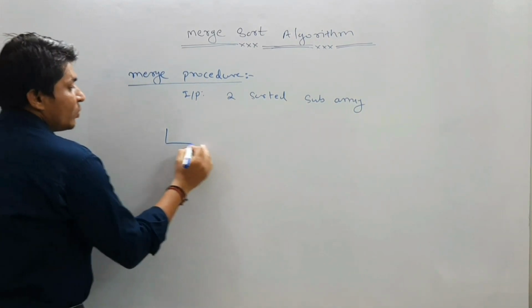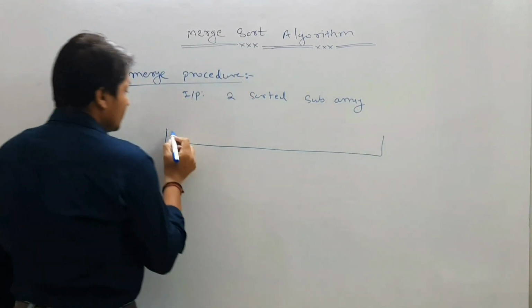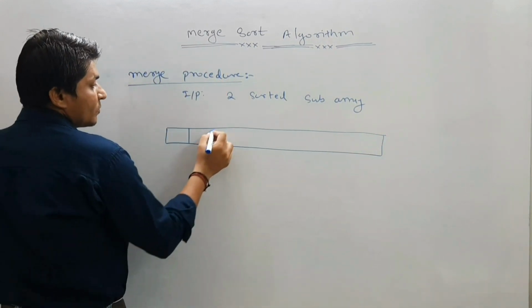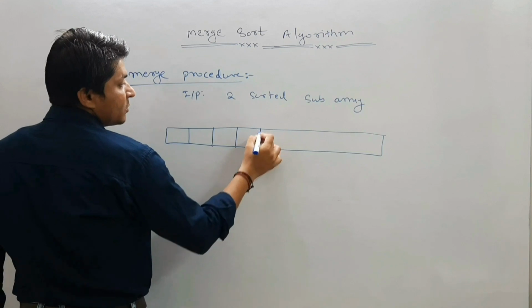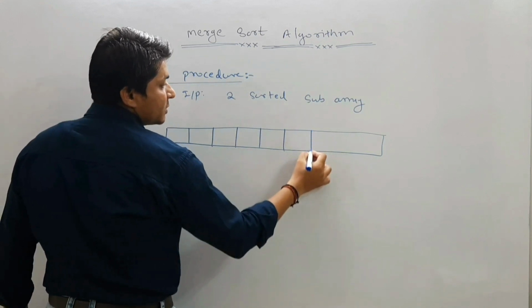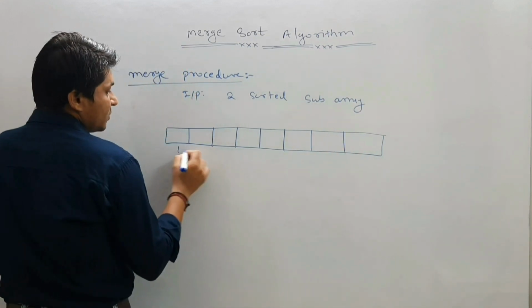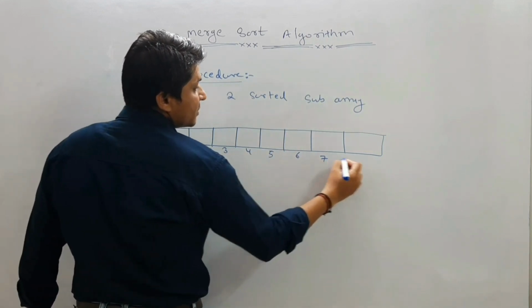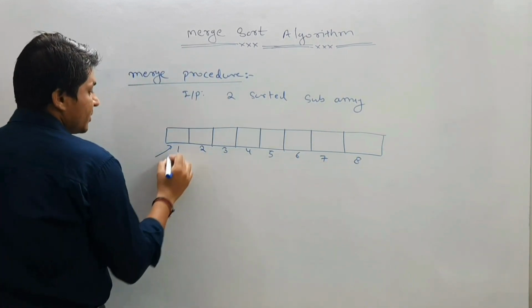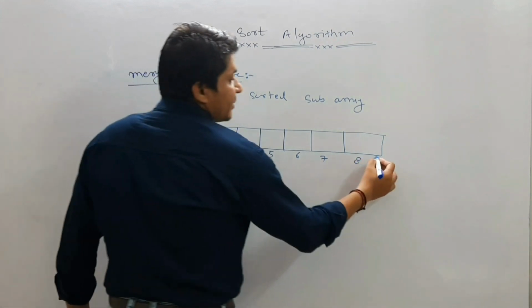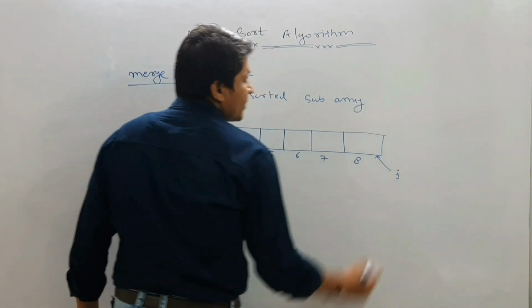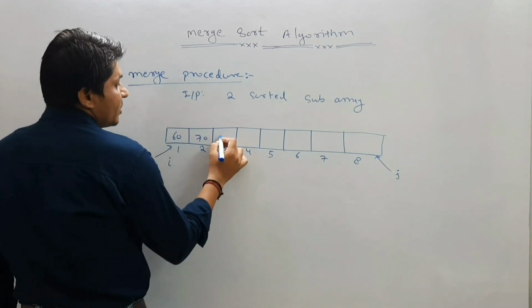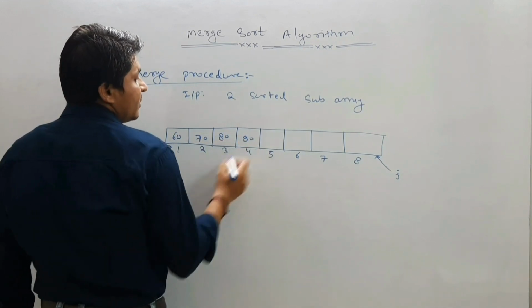Let's suppose we have one array. I is the starting index and j is the last index, and let's say this is 60, 70, 80, 90.